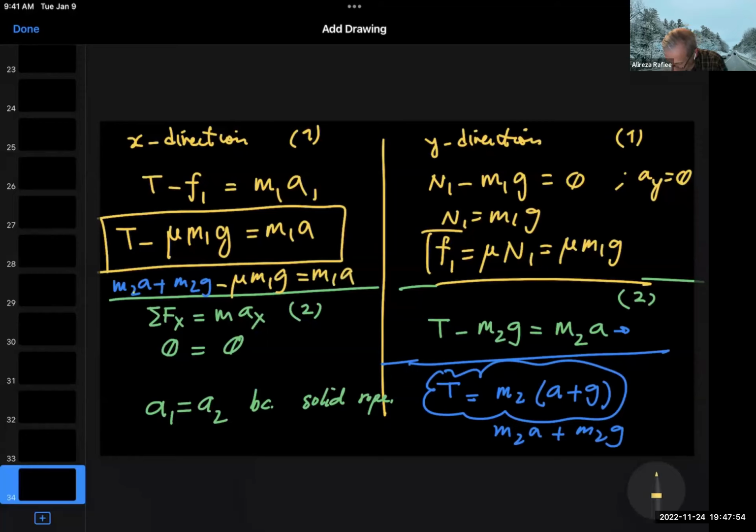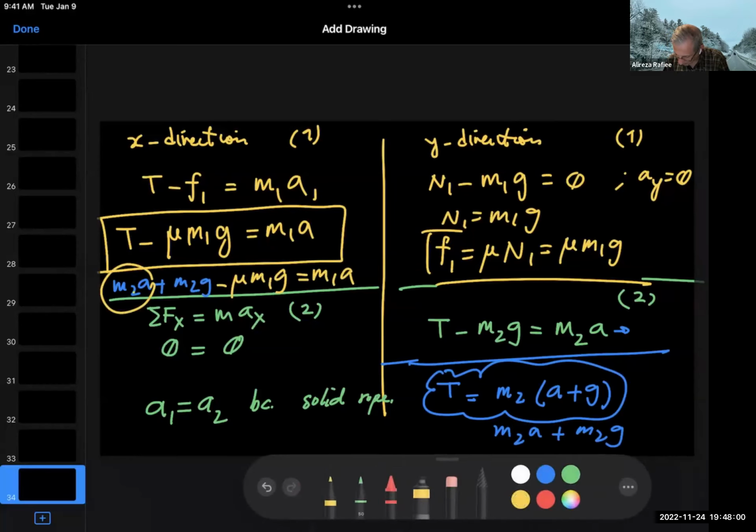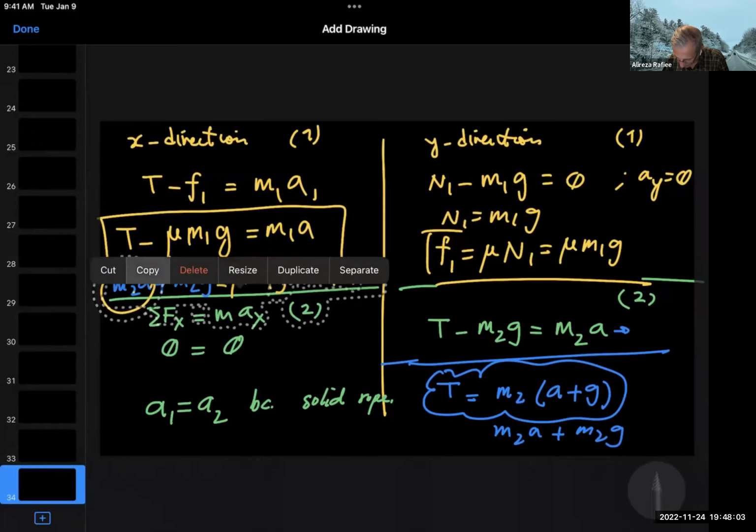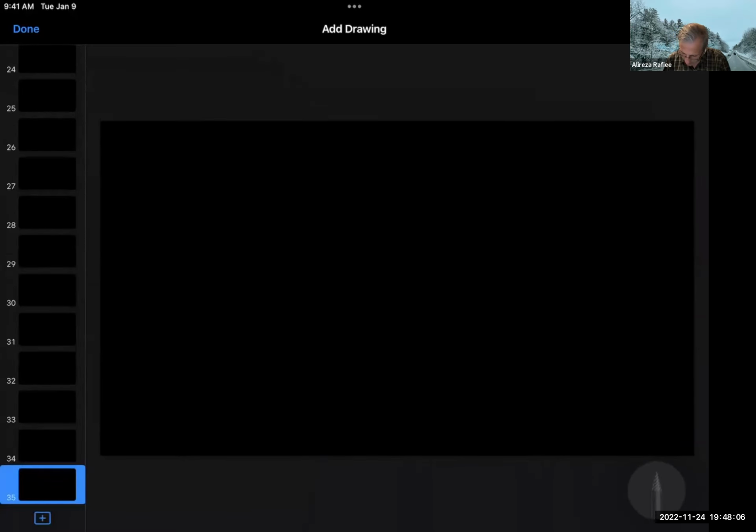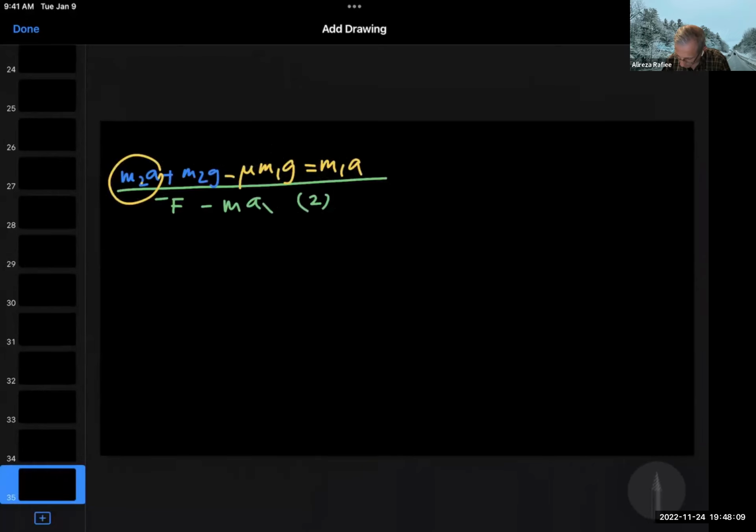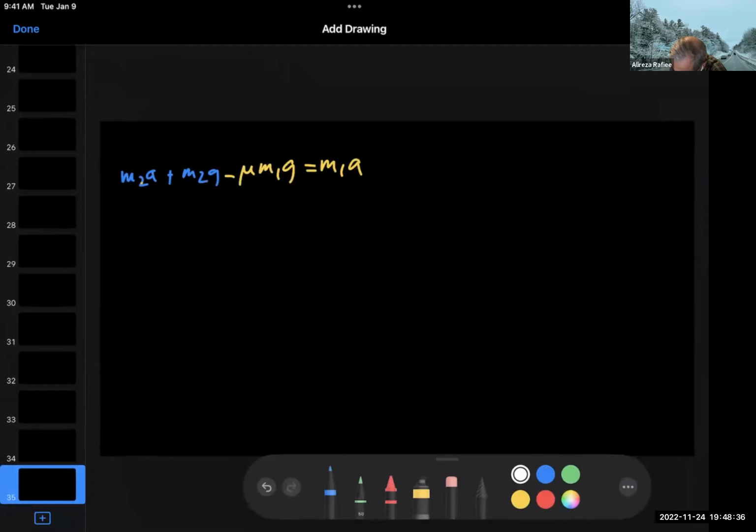So m2a goes to the other side. Let me take this one, copy it, go to the next page, and put it down here. So we have m2a plus m2g minus mu m1g equal to m1a.